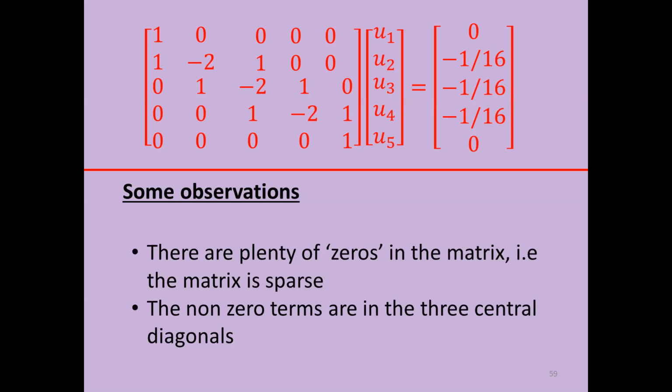Next observation is that there are non-zero terms in the three central diagonals. In fact, some specialized algorithms have been made to obtain the solution to the simultaneous equations in which the three central diagonals happen to have non-zero quantities.